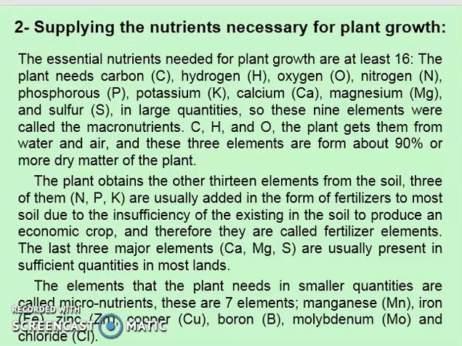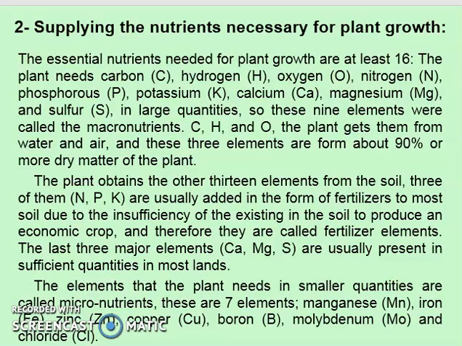The soil supplies the plant with 13 nutrients. Nitrogen, phosphorus, and potassium are usually deficient in the soil, so the farmers usually add fertilizer to support the plant with the nutrients.